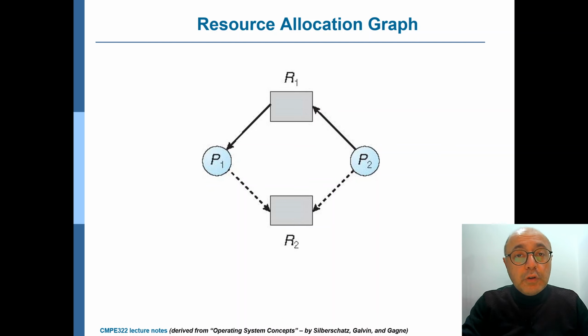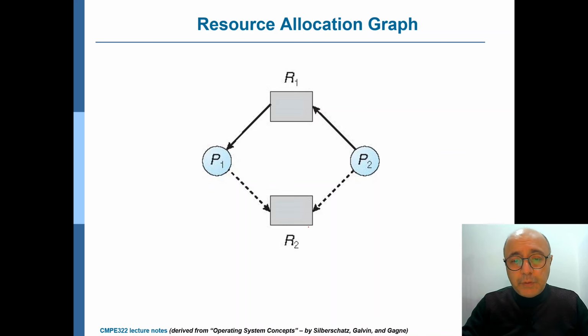That could also make such a request, but we have not come to those statements yet. So those requests have not been made, but it is possible that those requests will be made. And that's what we show with the dashed lines. These dashed lines are the claim edges. P2 might claim R2. P1 might also claim R2.